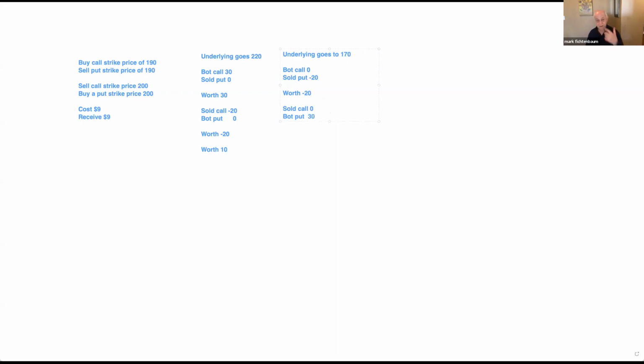We can put the underlying property to somebody for 200, and the property's only worth 170. This is worth $30. So combined, our worth is $10. So no matter which way this goes, at maturity, it's going to be worth $10.